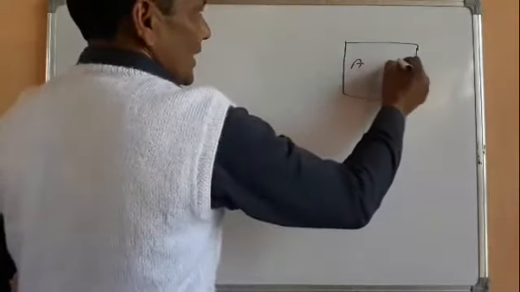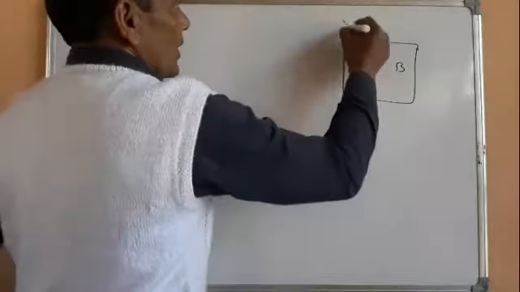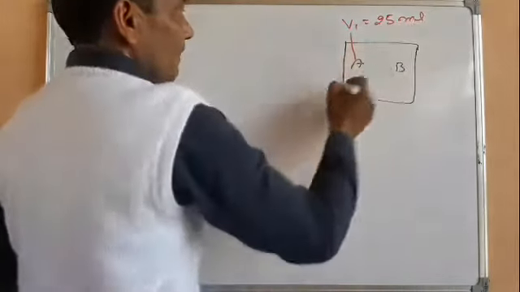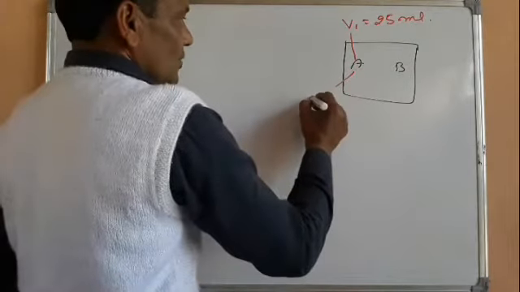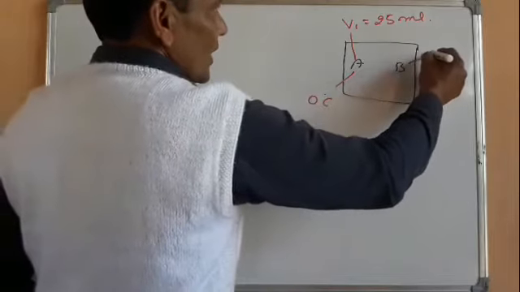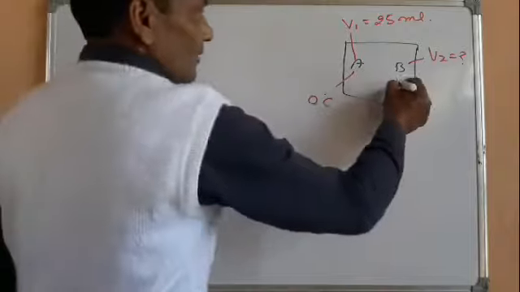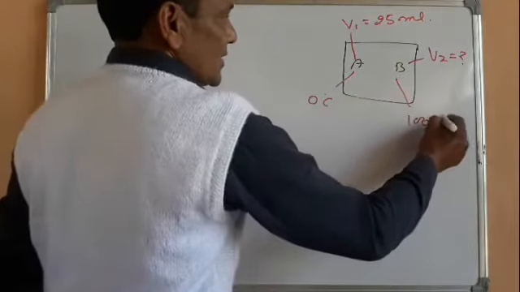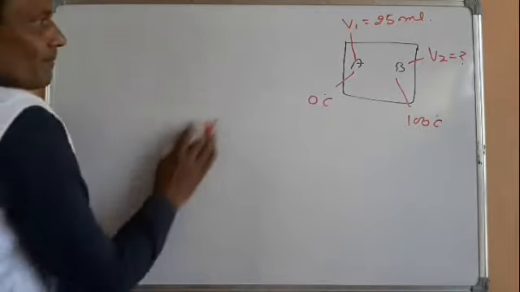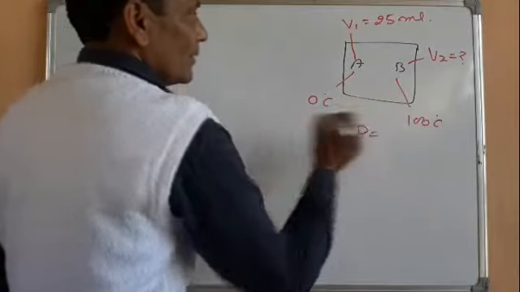Two gases A and B. The volume V1 is 25 ml and the temperature 0 degree Celsius, and find the volume of the second gas given the temperature 100 degree Celsius at constant pressure.